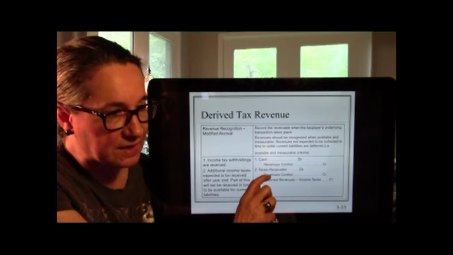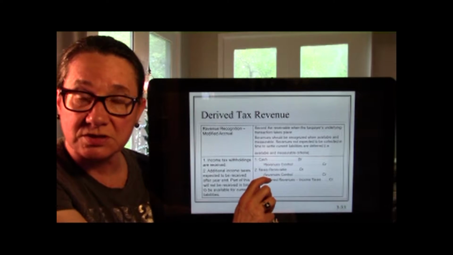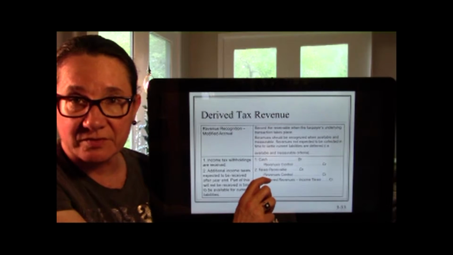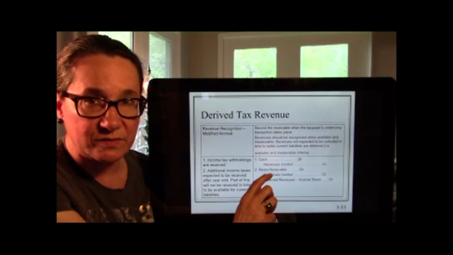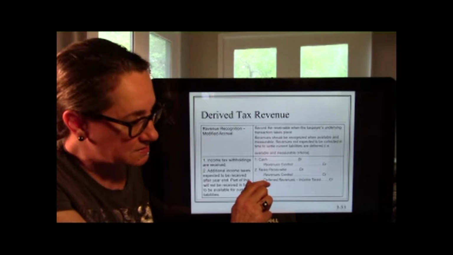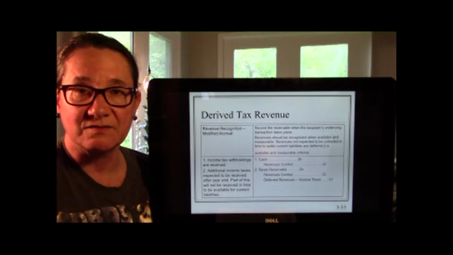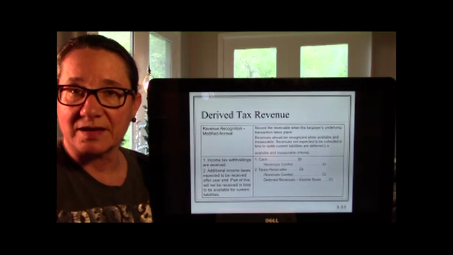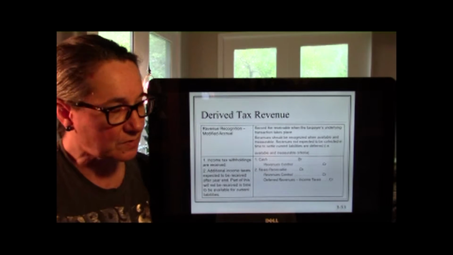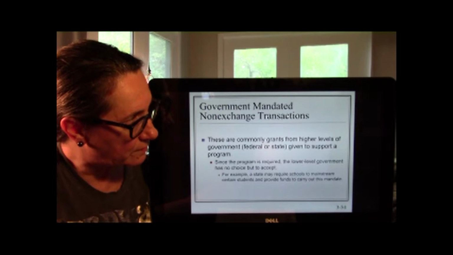The part that's going to come in to you that you can use for the current portion of your liabilities, it's going to come in before December 31st, let's say. That's your revenues. And if some of it's going to come next year and you can't use it for your current liabilities, that's what we call our deferred revenues. It's like deferred. We're going to get them. We're just going to get them later. That's what deferred revenues are, right? So that's how you journalize derived tax.